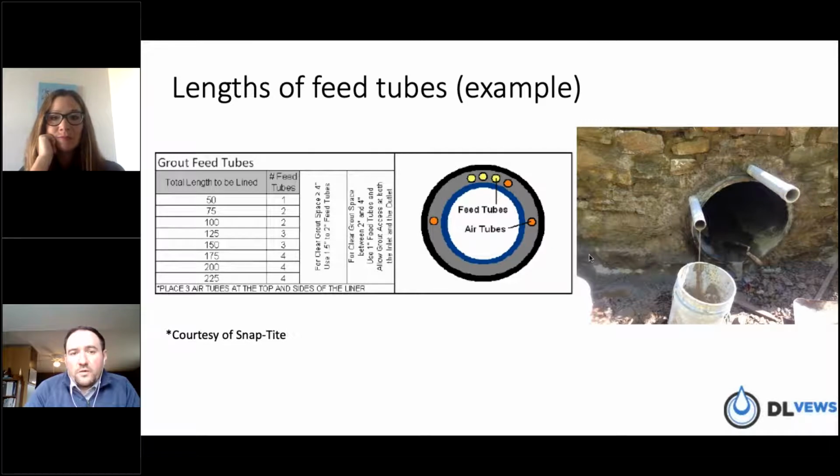So if you have an installer, contractor, municipality, or DOT that's self-performing a lining, this is really good general guidance to use. You may choose to do something slightly different, but if you're looking for some sort of input, I would highly encourage you to research this and look at this. Yeah, and we can send you all this literature. Absolutely.